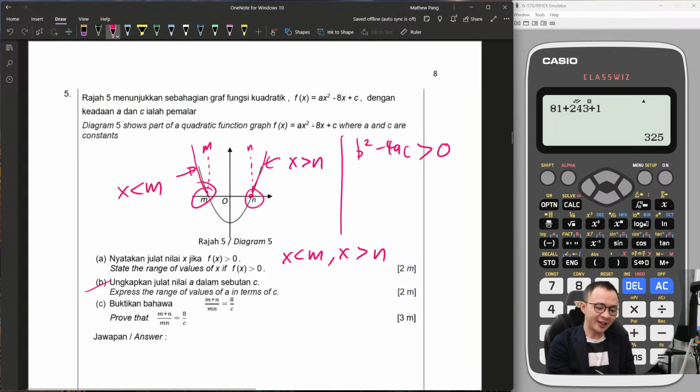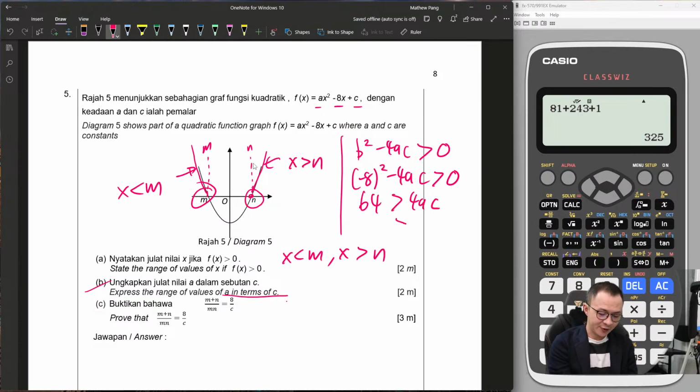So I can get my a, b, c from the top here. My b is negative 8. My a is a. My c is just c. The question asked me a in terms of c. So I just rearrange it. 64 bigger than 4ac, so a is less than 64 divided by 4c. So therefore a should be less than 16 over c. Okay, a in terms of c.